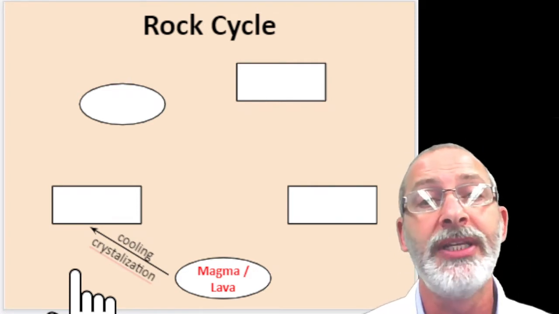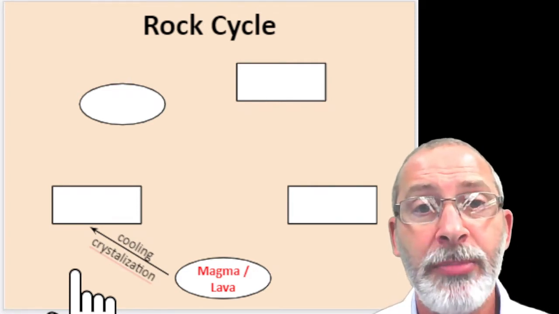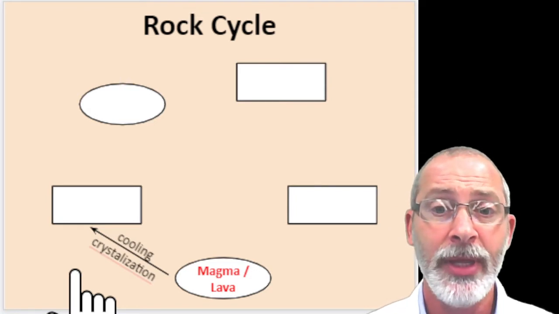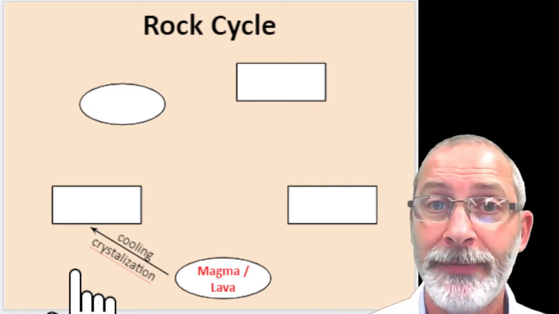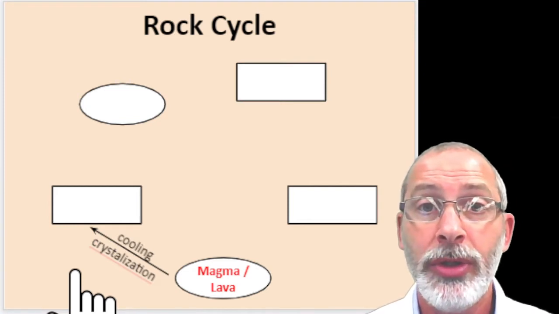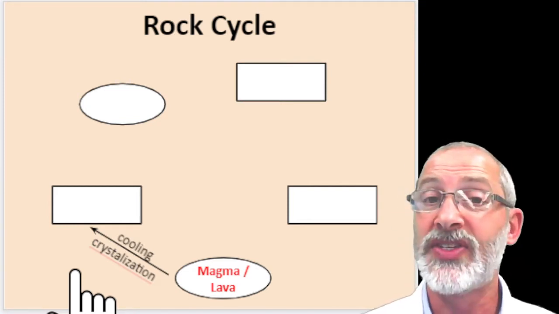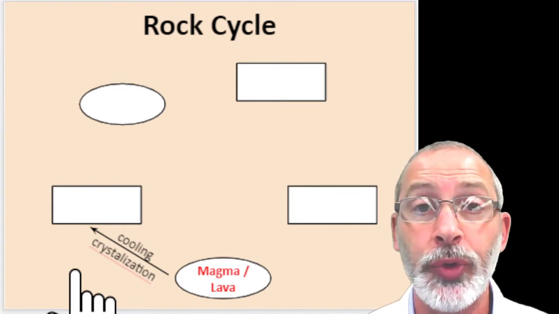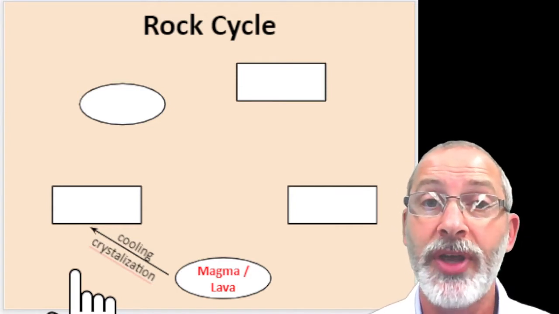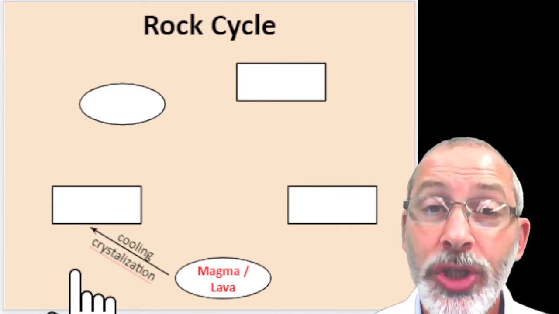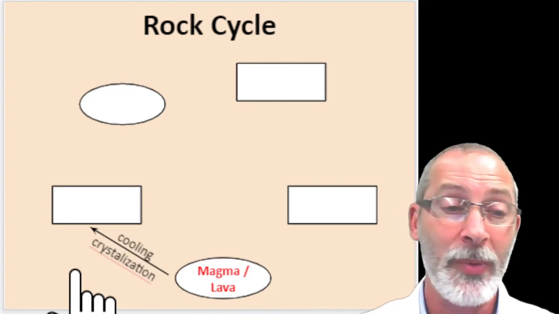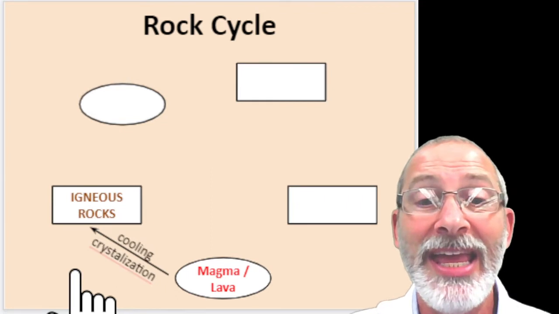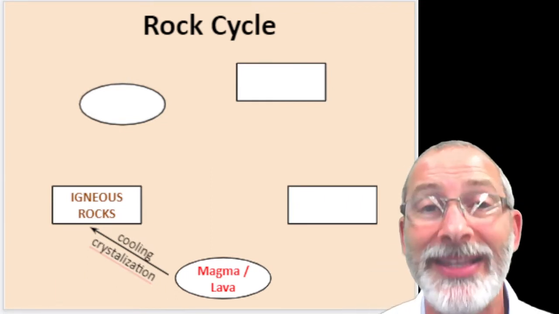Cooling and crystallization. Now, I want you to think about this before I give you the answer. When magma or lava cool, they are going to crystallize and solidify into one of the three groups of rocks. What do you think it's going to be? Well, if you said igneous rock, you are exactly correct.